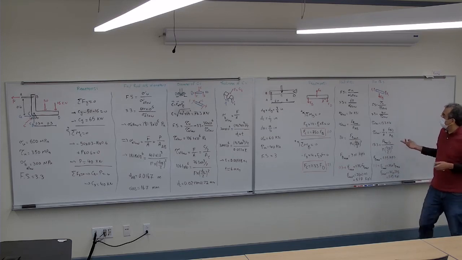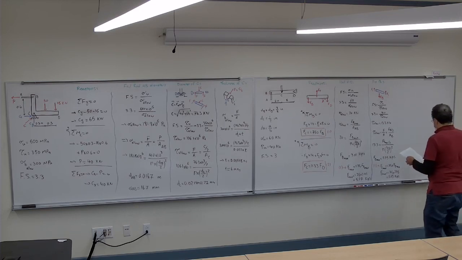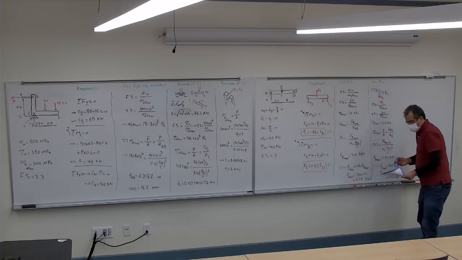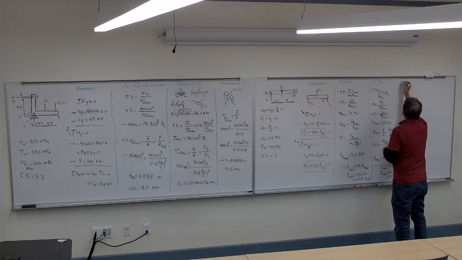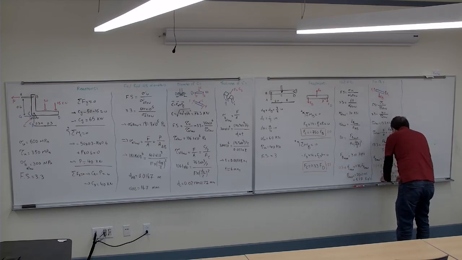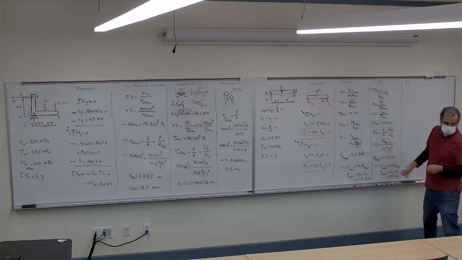So now, what else is left here is the pin at the D and the pin at the C. You have to check those two as well. So pin at, which one is it first?